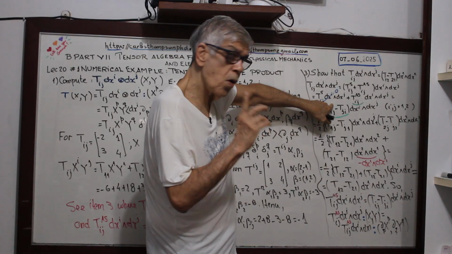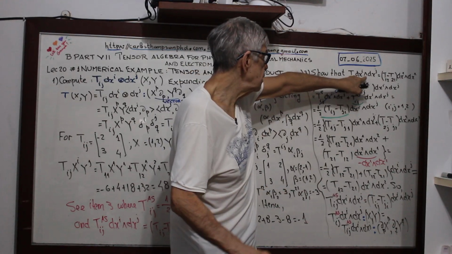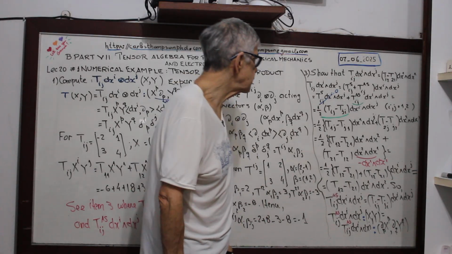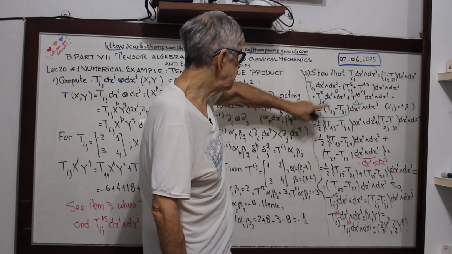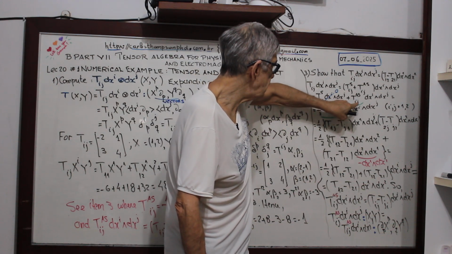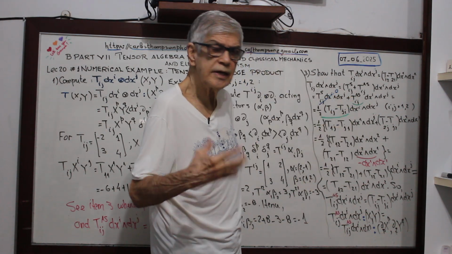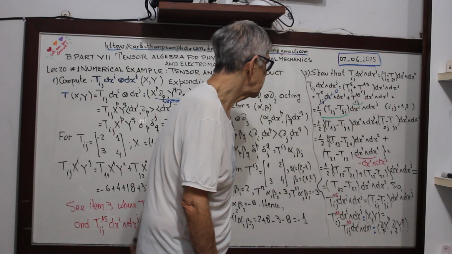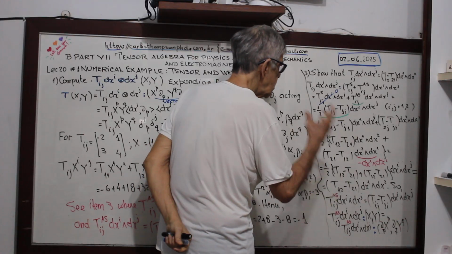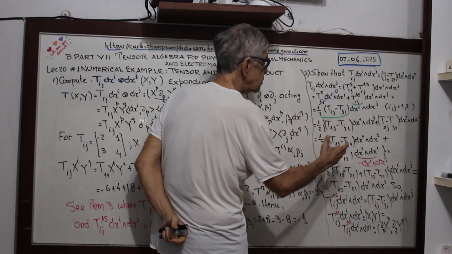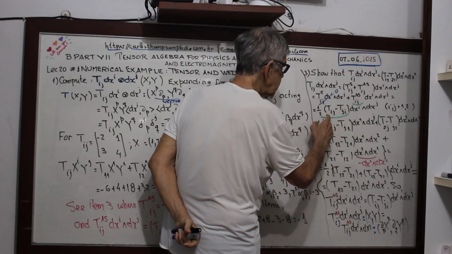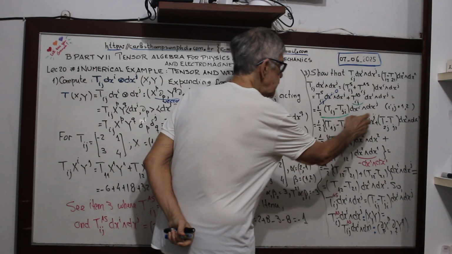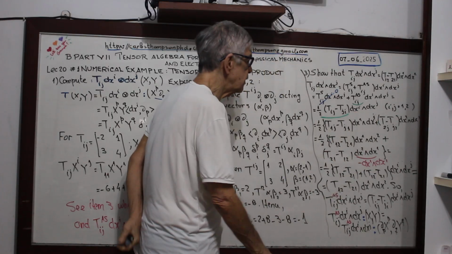Recall that we are dealing with a wedge, not a tensor product. So this is 0. This is the green one. We have T_ij antisymmetric part, dx^i wedge dx^j. Now, by definition, T_ij antisymmetric is 1/2 (T_ij minus T_ji), dx^i wedge dx^j.